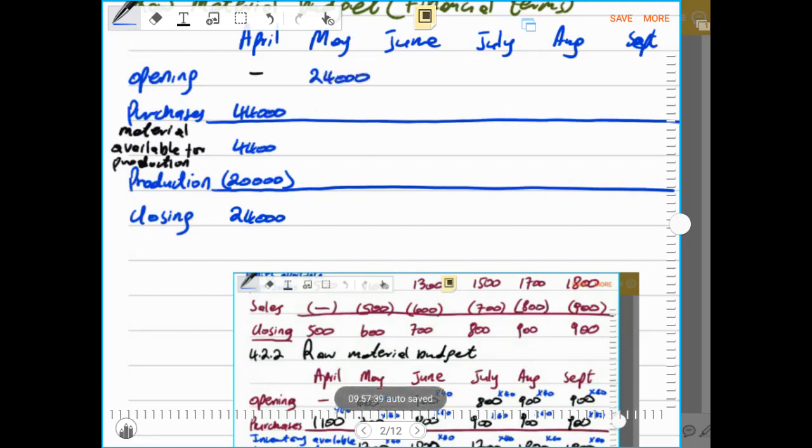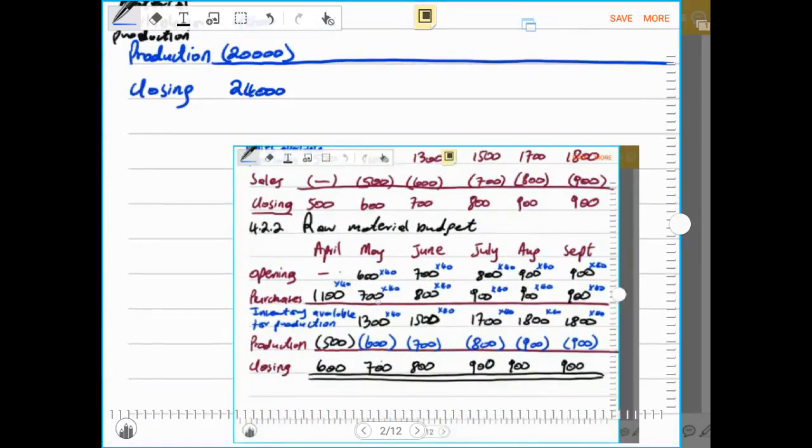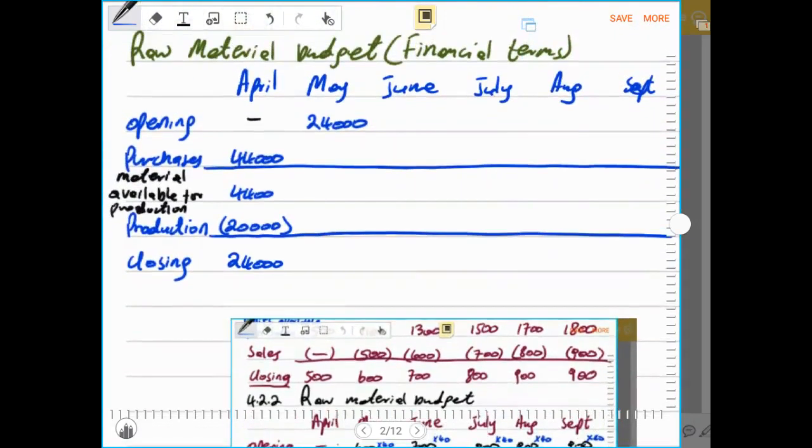And our production for the month of June was 700 tons by 40. 700 by 40 gives us 28,000.